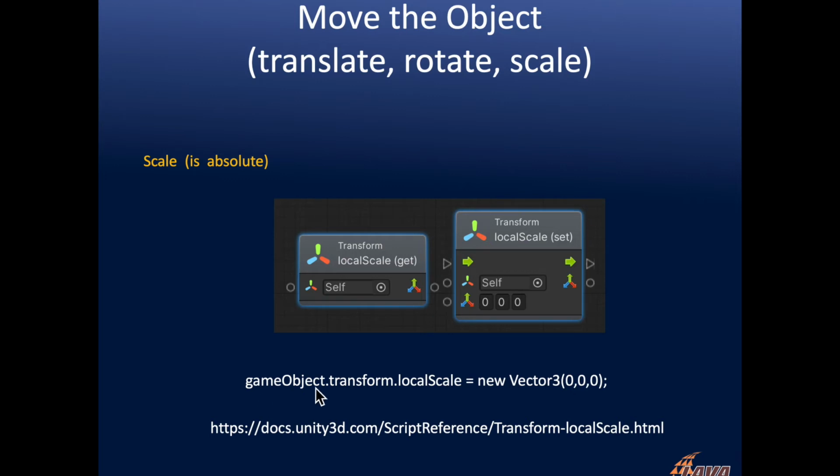You would say GameObject.transform.localScale equals new vector, and then whatever the scale you want to scale at. So along the x-axis, along the y-axis, along the z-axis. And by the way, this is the documentation in the Unity reference manual that explains this function.